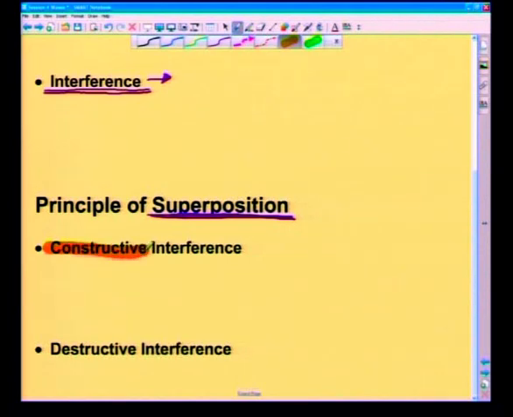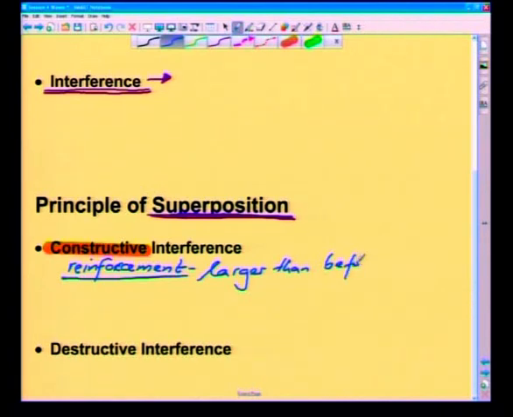And the word constructive can say more on its own. Constructive interference is saying to you that there is reinforcement here. In other words, what you started with is made larger than before.